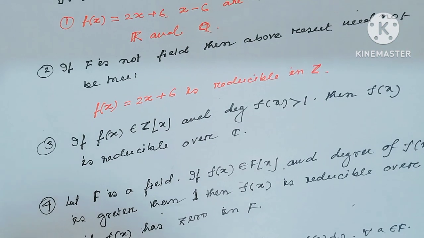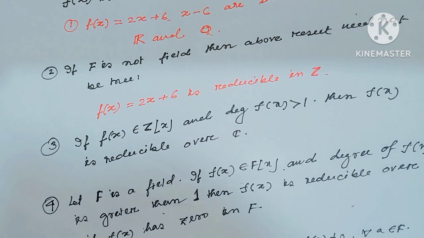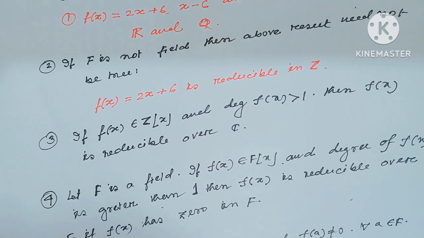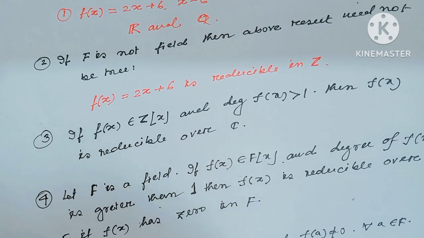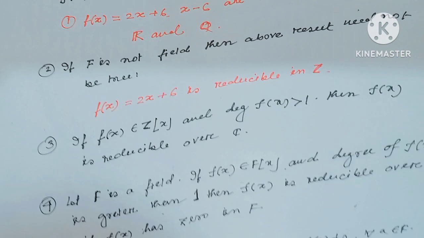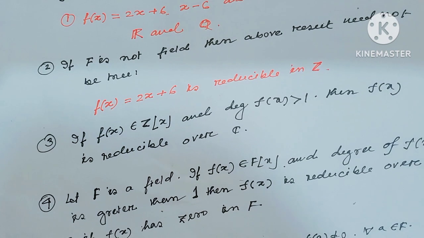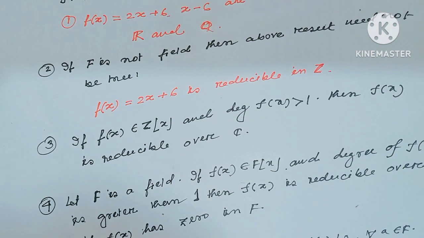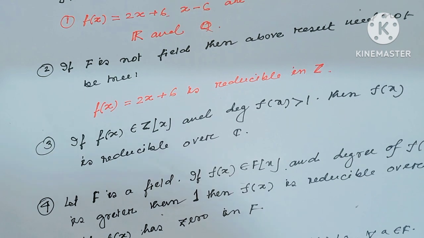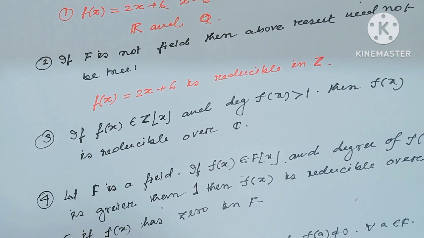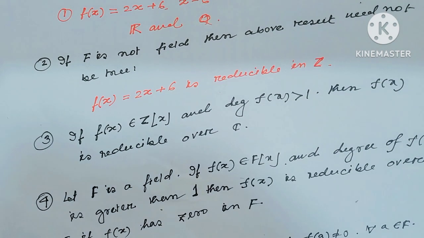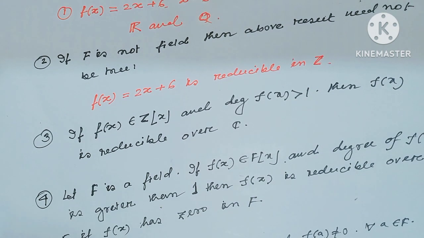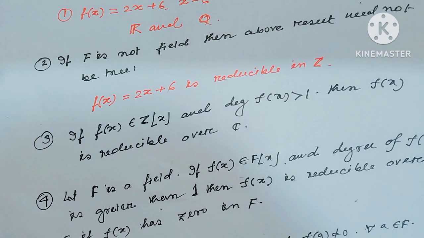Third, f(x) in Z[x] and degree of f(x) greater than 1, then f(x) is reducible over the complex numbers. That means when the degree of the polynomial is greater than 1, then over C there always exists a root.